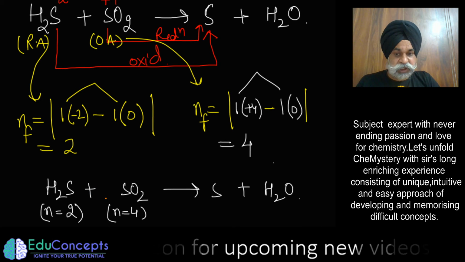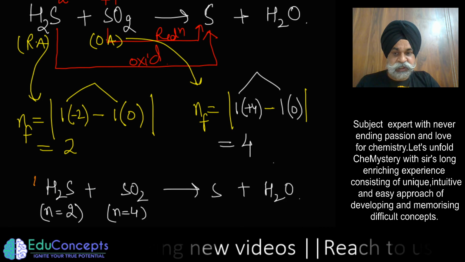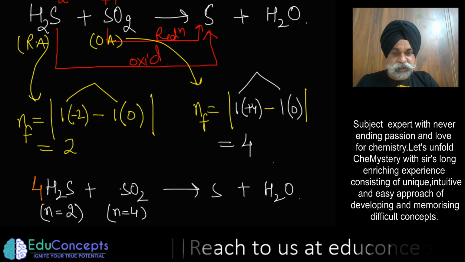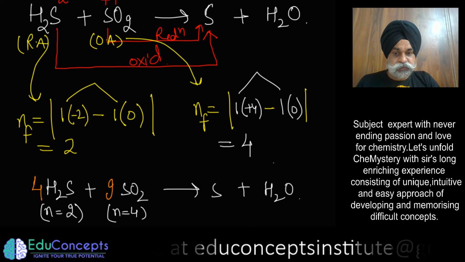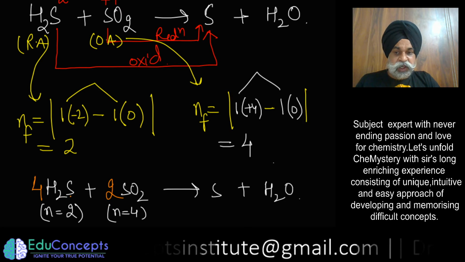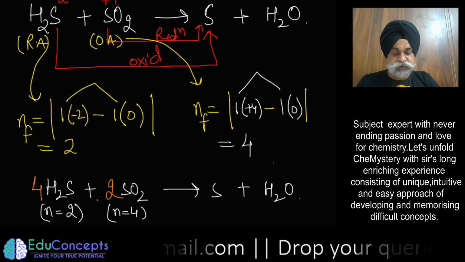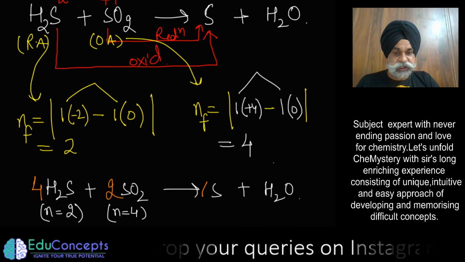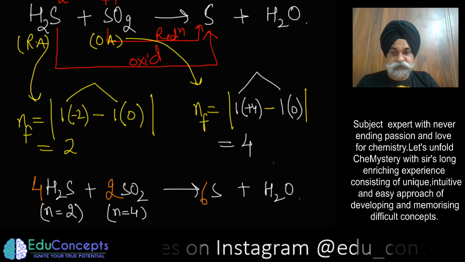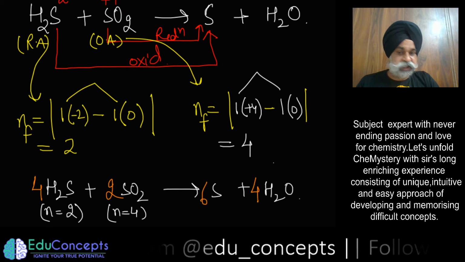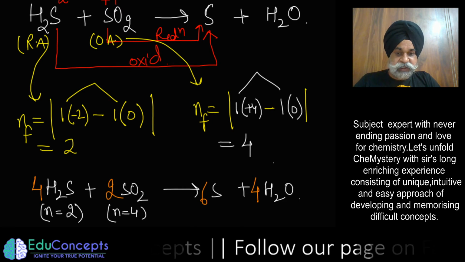So this is to be cross multiplied. So you can simply write it here as 4 and this as 2. In doing so, how many sulfur did you get? You get 6 sulfur atoms. So I shall place 6 atoms here, and for hydrogens, I would place it here. So simply it got balanced also.